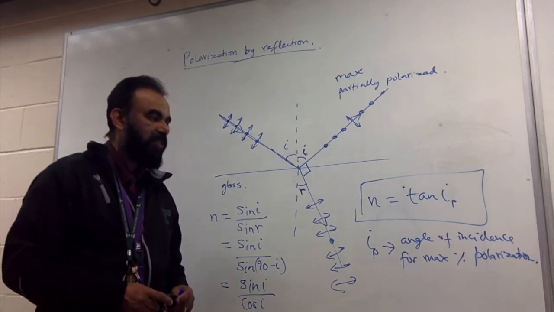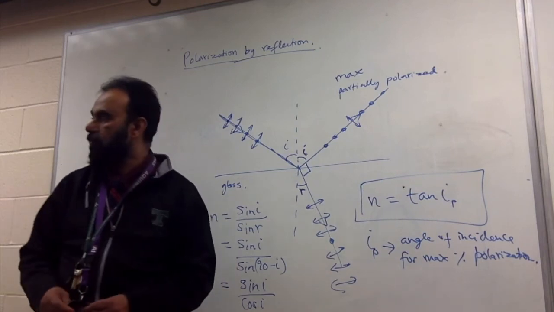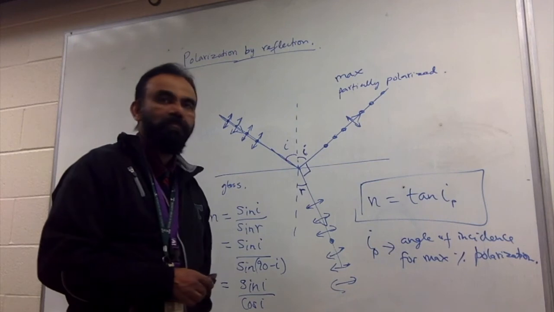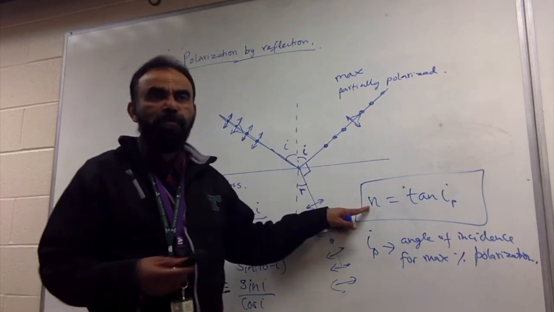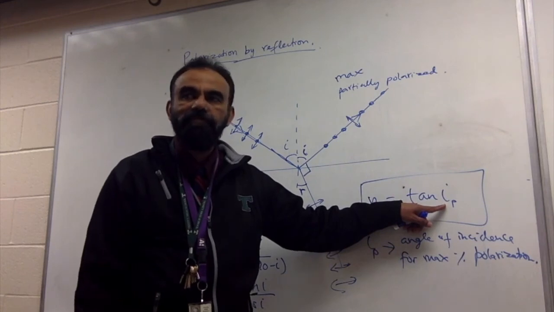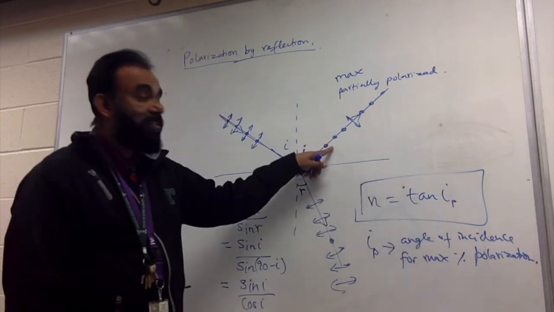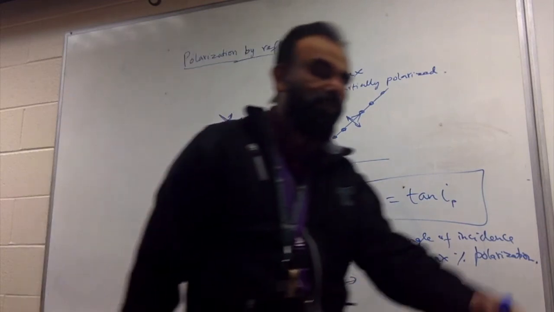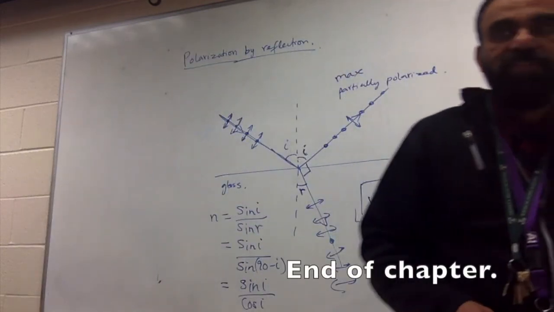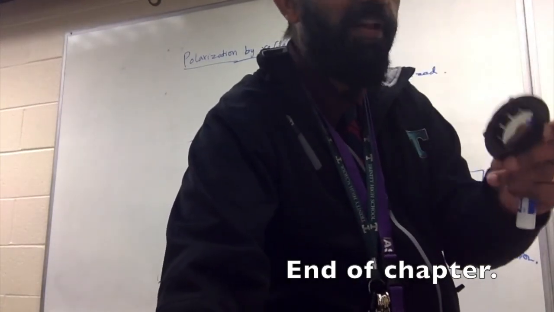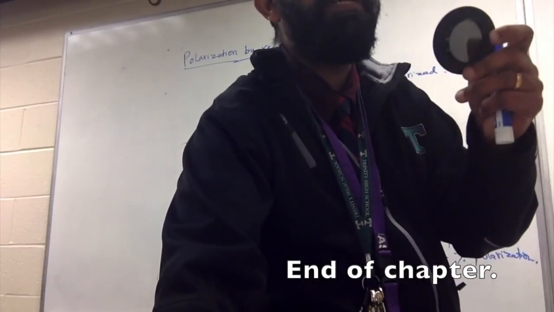For n equal to 1.5 for glass, this should be somewhere in the 50s. Now, is this something that you can find? You can see it. Can you see the glare coming on the floor? I want you to test it out right now. Using this one, observe the glare coming from the floor, and you see that the glare is cutting off.